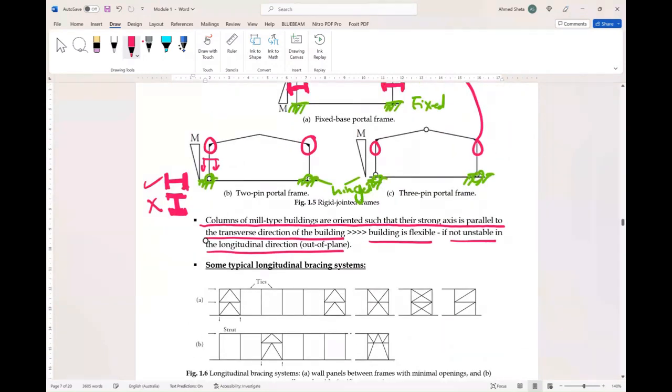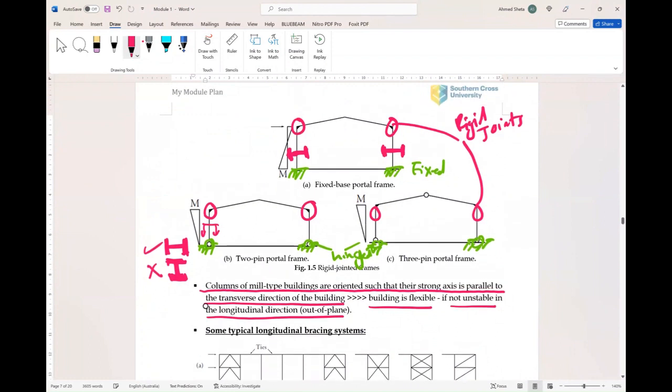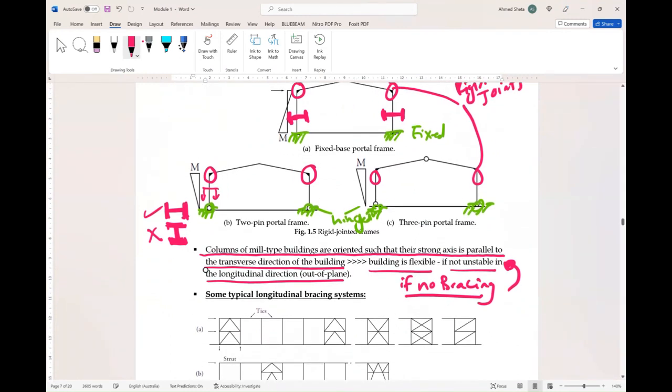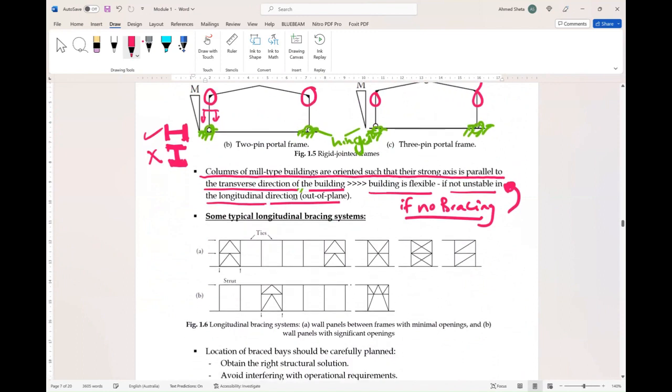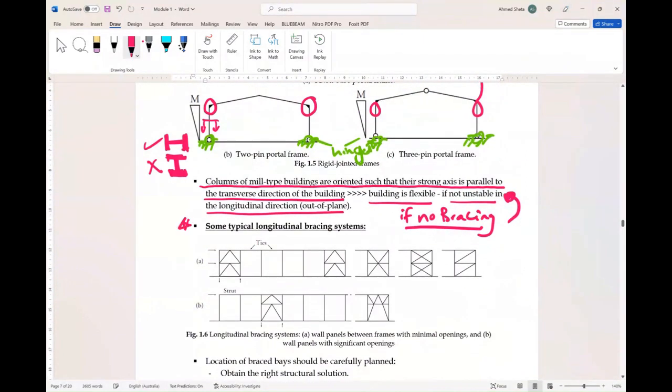This means that if we don't use bracing, the building will be unstable because there is nothing to resist the wind or any other lateral load in the longitudinal direction. Here are some typical longitudinal bracing systems.